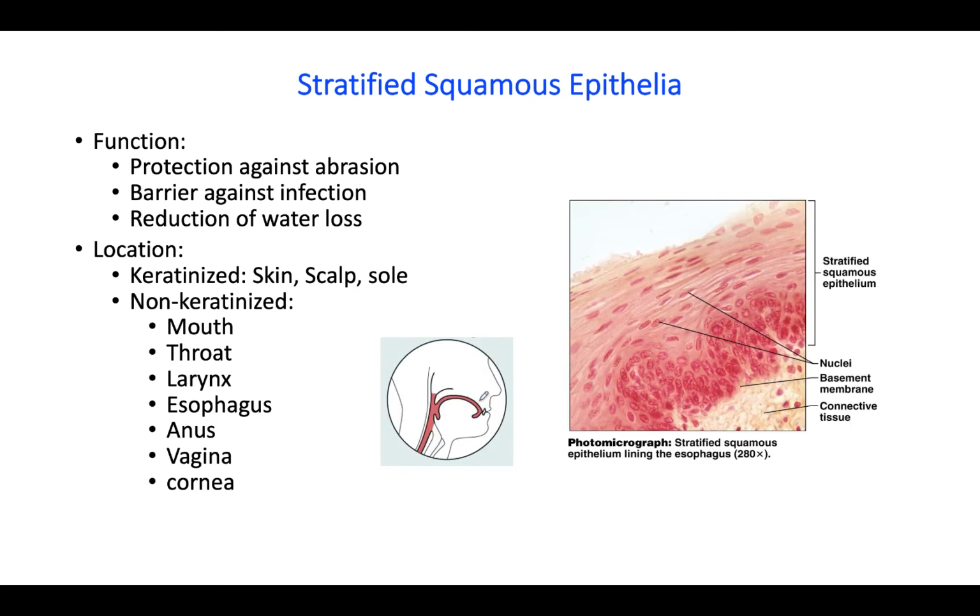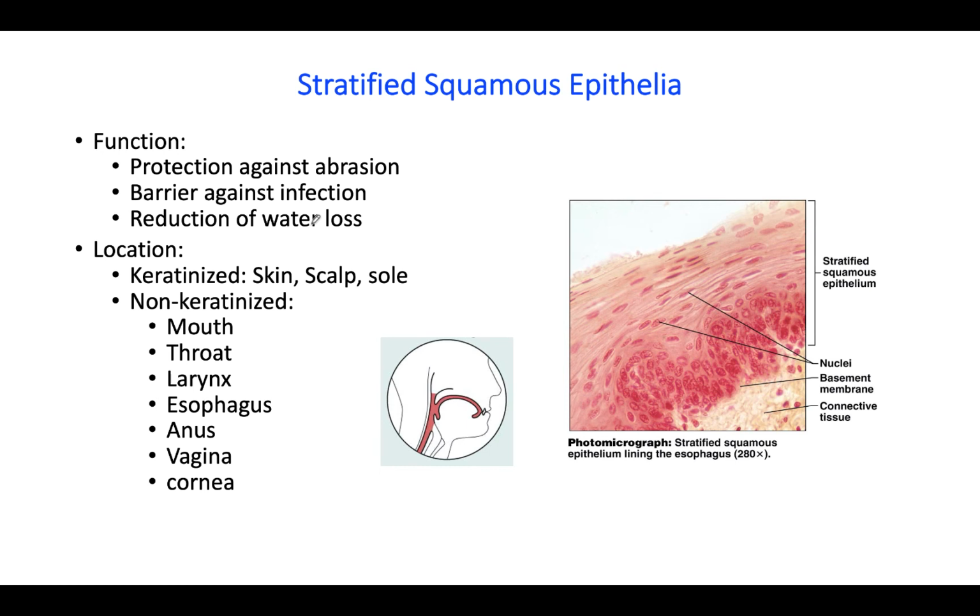What is the function of stratified squamous epithelia? Protection against abrasion, a barrier against infection, reduction of water loss. Where can you find stratified squamous epithelia which carries out this function?